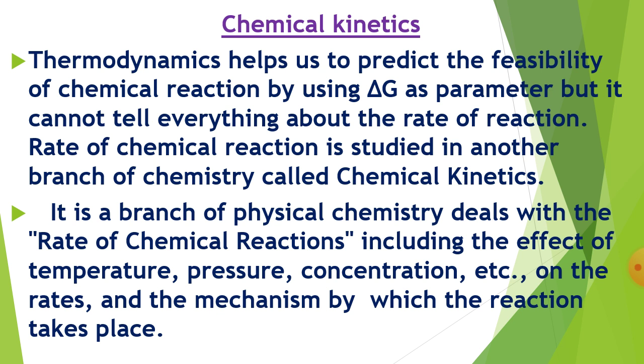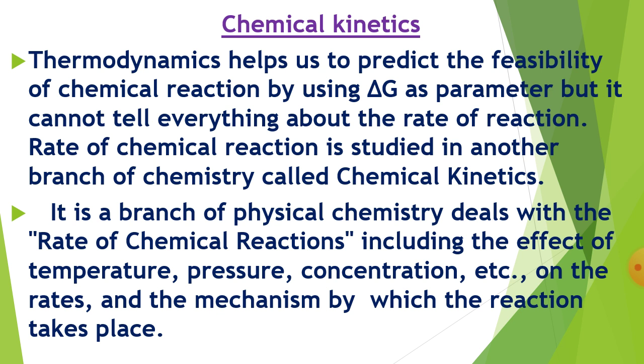That means in how much time the reaction is completed. That's why the rate of chemical reactions is studied in another branch of chemistry called chemical kinetics. So these two branches, chemical kinetics and thermodynamics, are interconnected to each other.